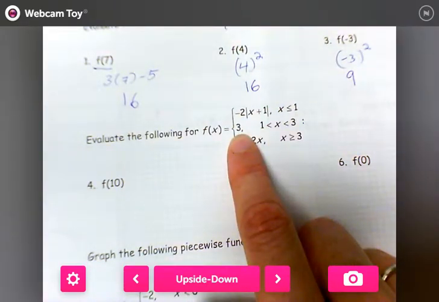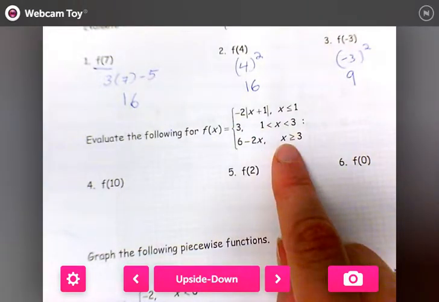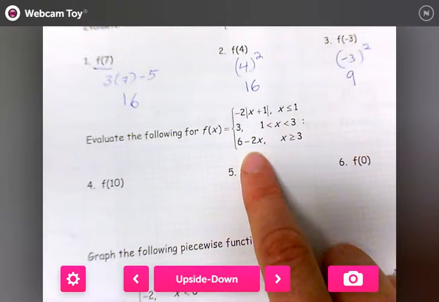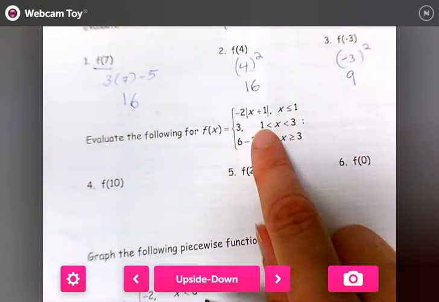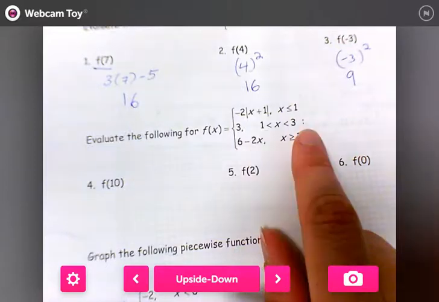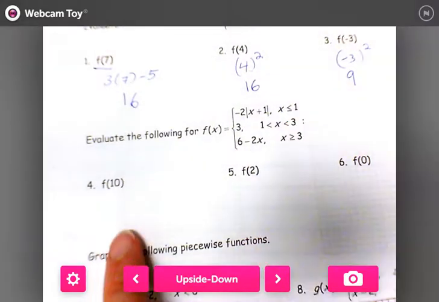But if it is greater than or equal to 3, we use 6 minus 2x. So what's bigger than 1? Like 1.1, 2, okay? Any of those bigger than 1 but less than 3. And I want you to solve all 3 of those.